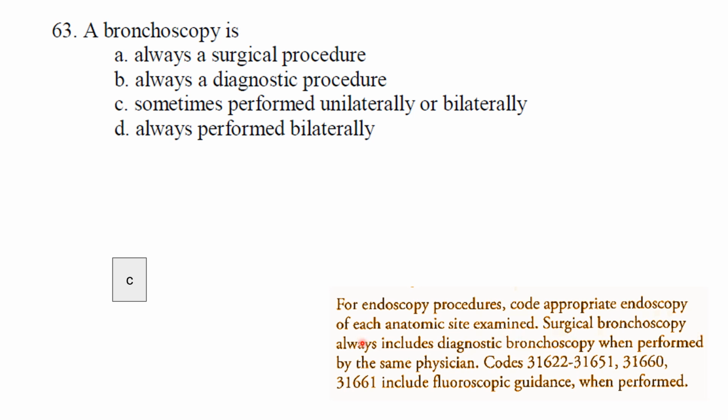Surgical bronchoscopy always includes the diagnostic bronchoscopy when performed. That means we can do the diagnostic, we can do the surgical, and it is never performed bilaterally. If the problem is only in one bronchus, we can perform unilaterally. If the problems are there in both the bronchus, we can perform bilaterally also. So option C is correct, and you can use your logic, but if you are not sure, you can always search the way I told you.